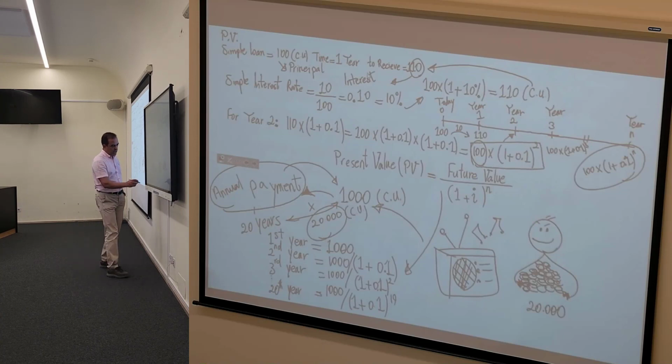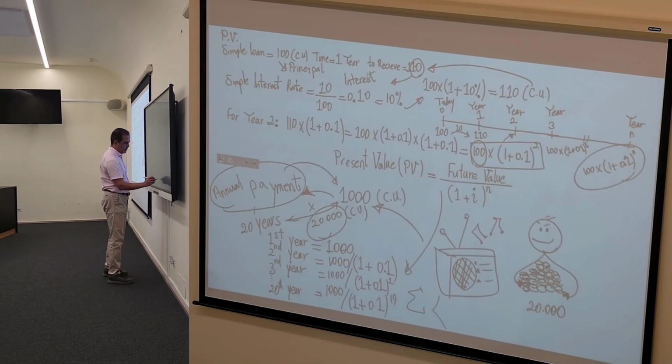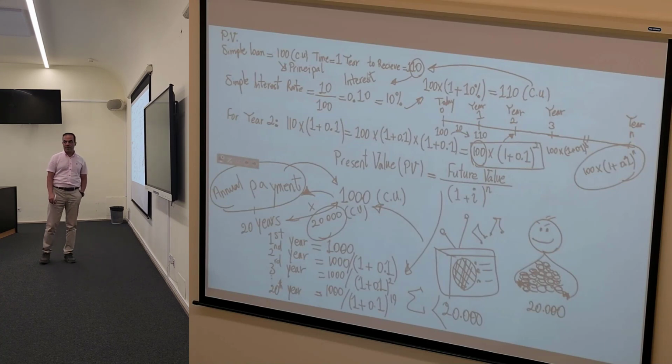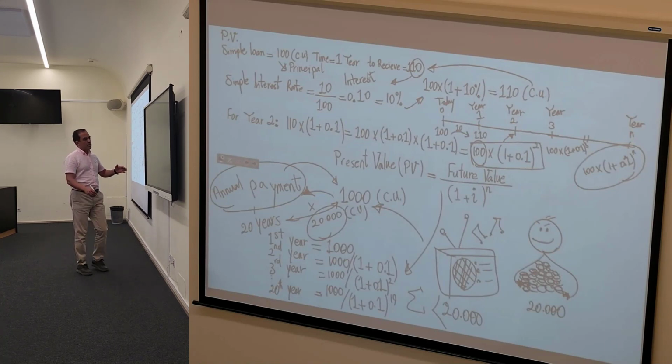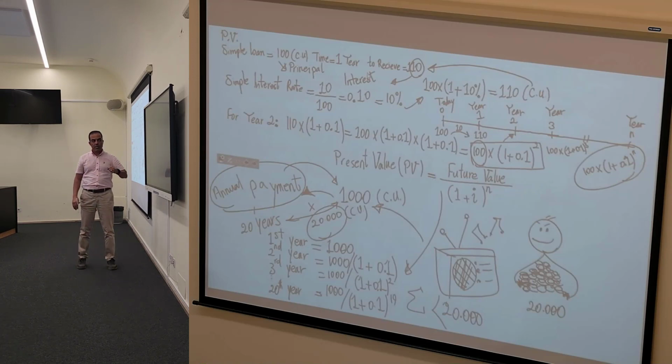And if we calculate all of these and make a summation, the summation would be much less than the expected 20,000. Okay, so the relation between the present value and the future value is very important to consider when we want to do right calculations of what we might earn, if the time is also considered.